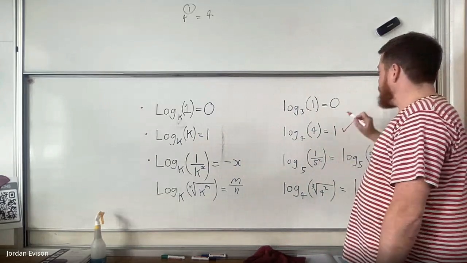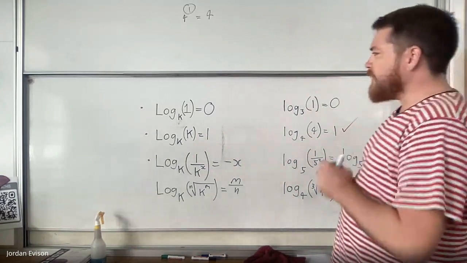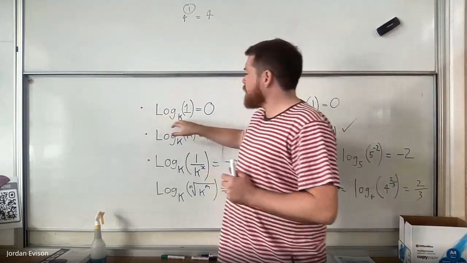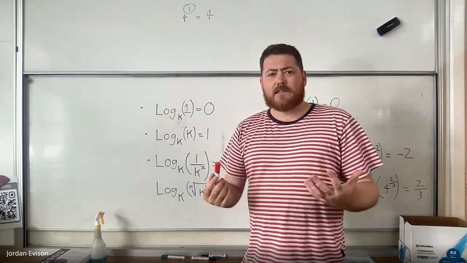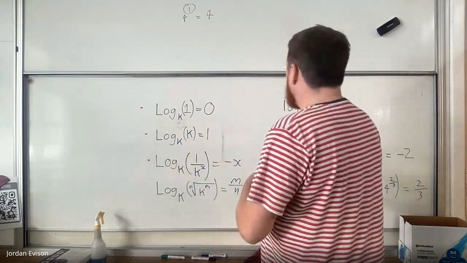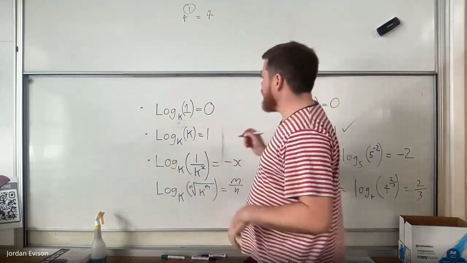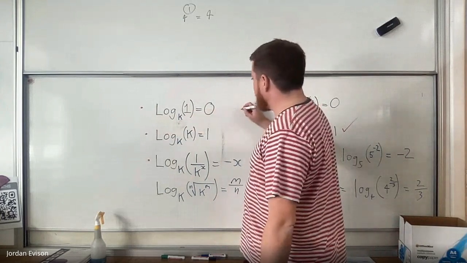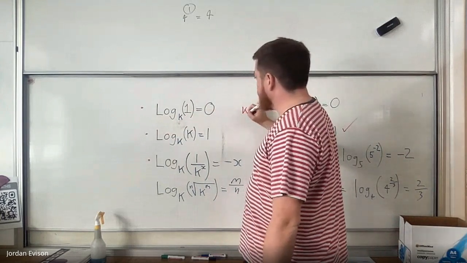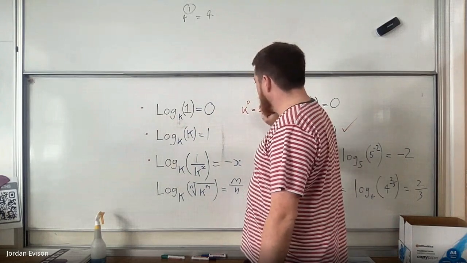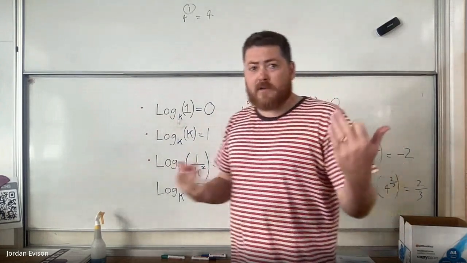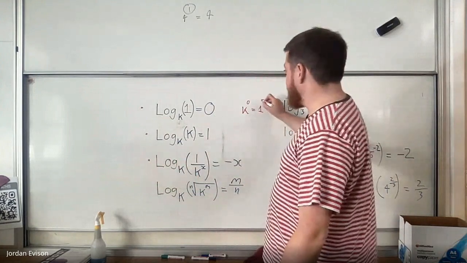So we've done that, we understand that one, that's good. Now what about this rule? Log to the base k of the number 1 equals 0. Why does that make sense? Well, let's think about it. If I take k as my base, 0 is my power, does that equal 1? Yes, because any number to the power of 0 equals 1. So that's mathematically consistent. Good.